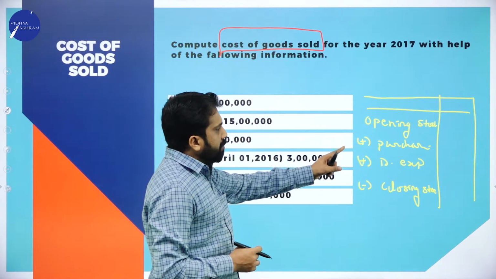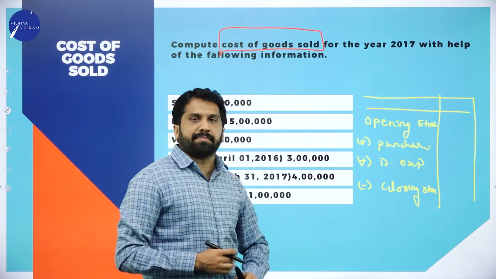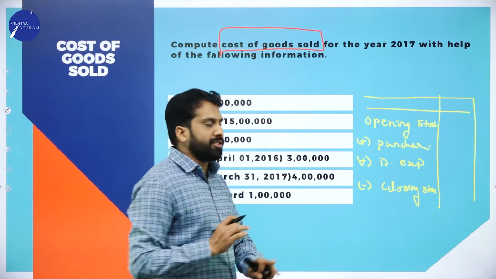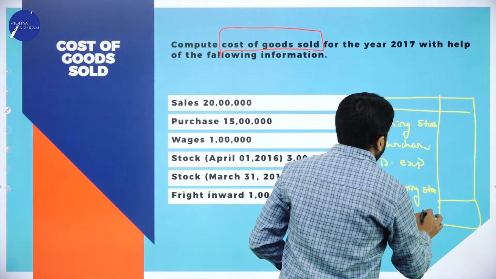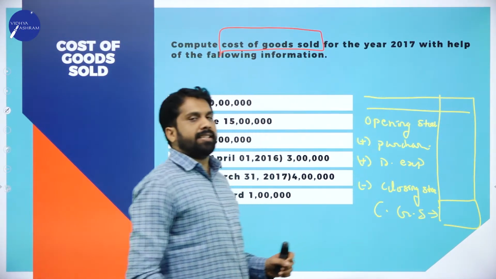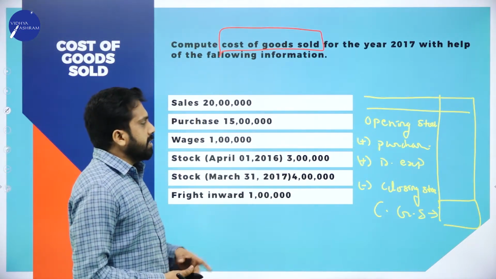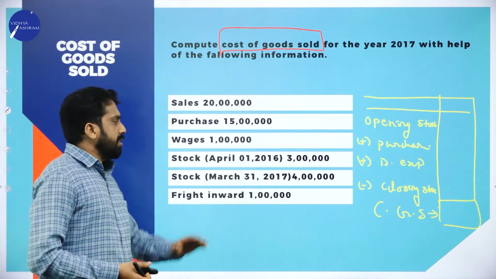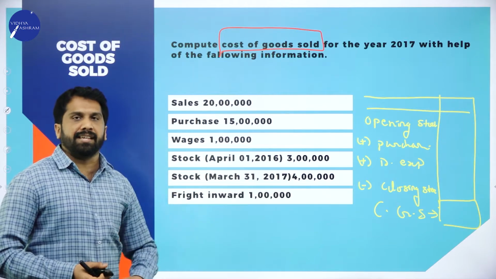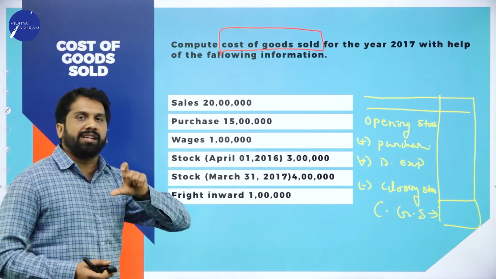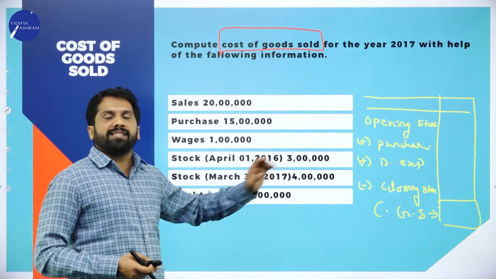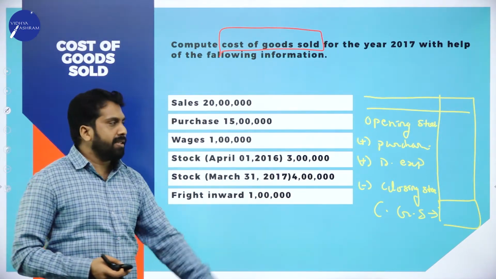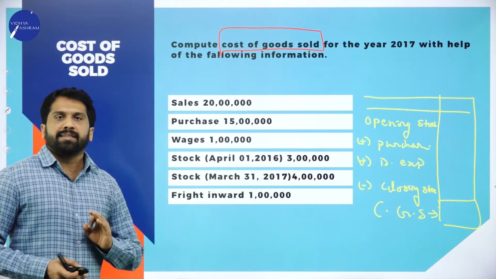Opening stock plus purchases plus direct expenses minus closing stock, that is nothing but your cost of goods sold. Easy or very easy? Yes, this is very easy. Why? Because the information is very less and your calculation is also very small.